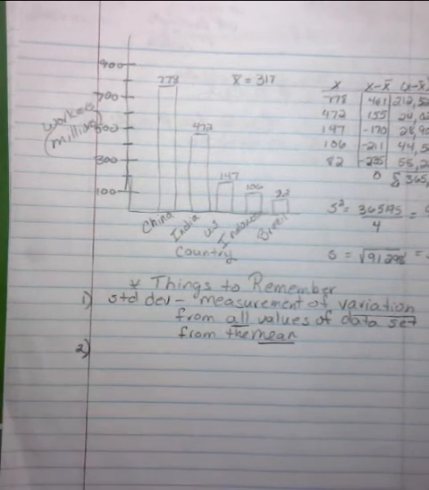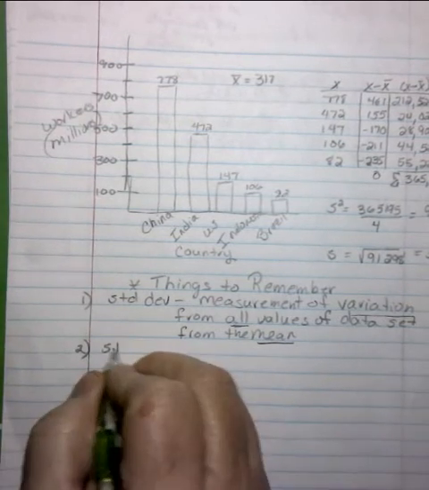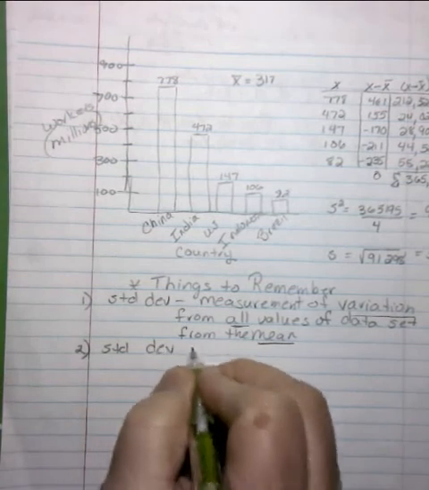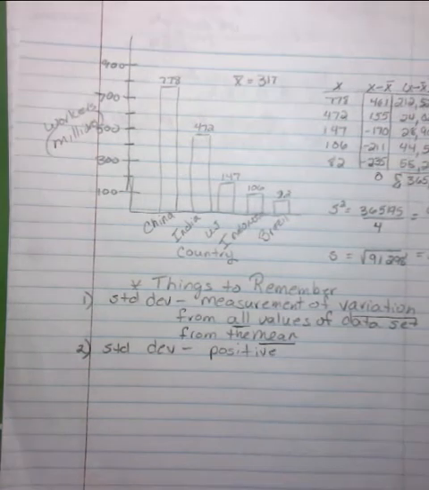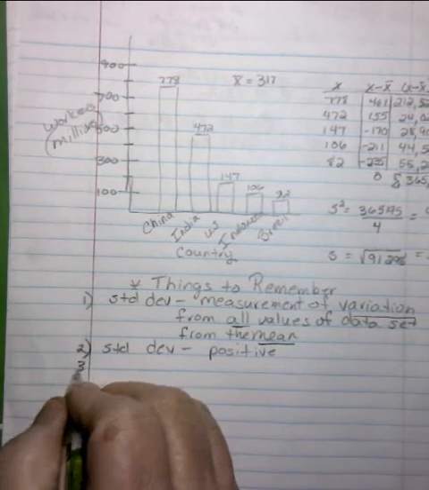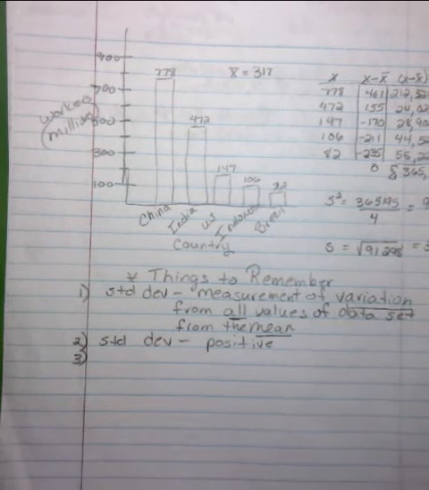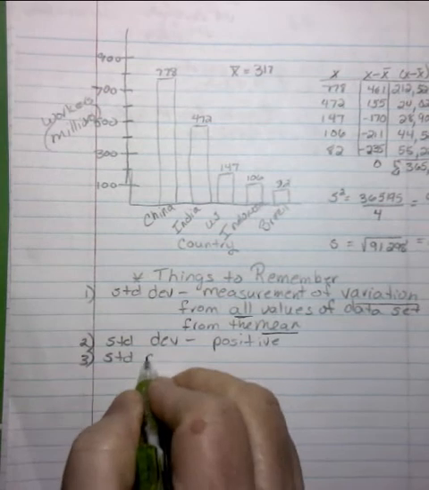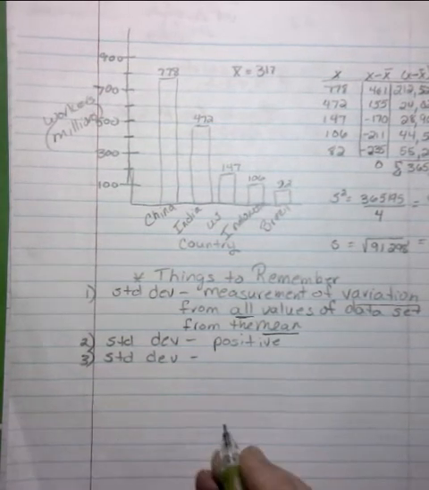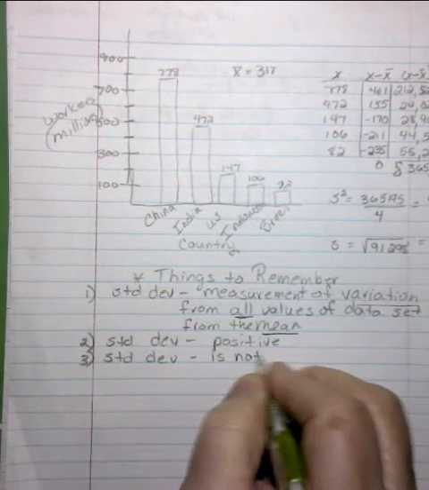A second fact to remember is 99% of the time the standard deviation should turn out to be a positive value. It is very, very rare that the standard deviation does not turn out to be a positive value. So if you don't get a positive number, that should tell you that you're doing something incorrect. A third thing to remember about standard deviation is that it is not resistant to extreme values.